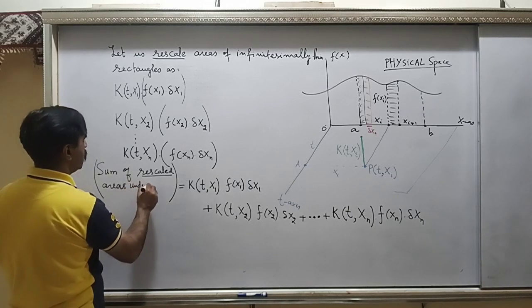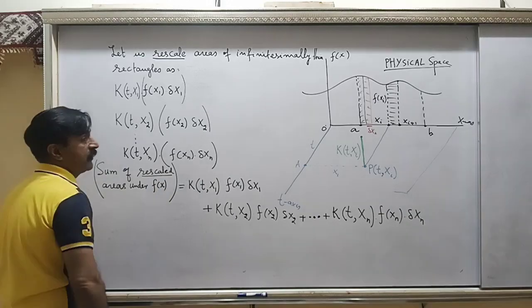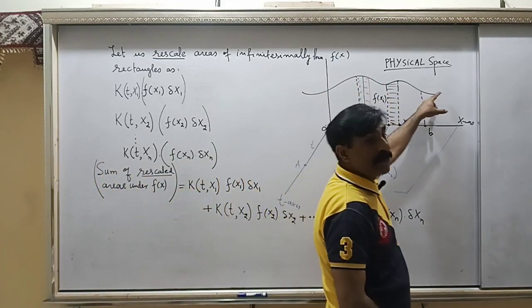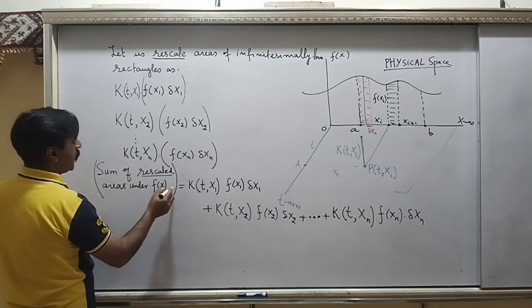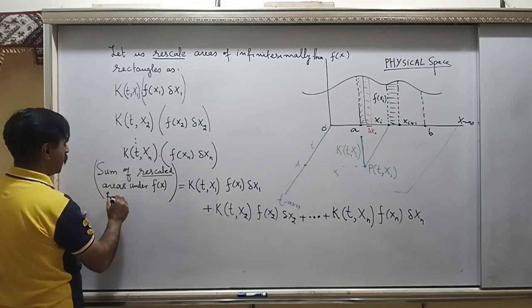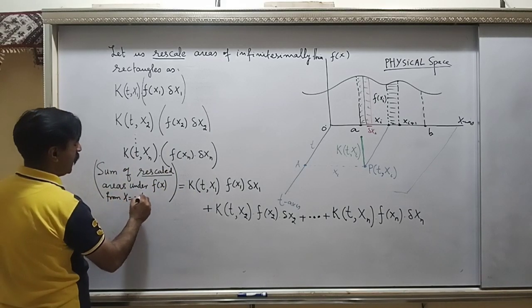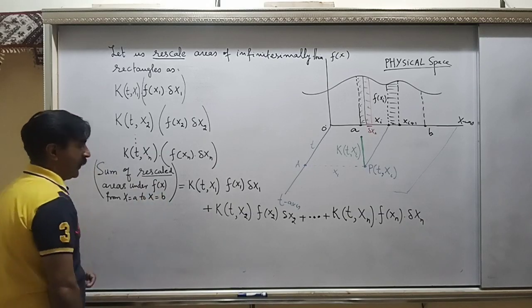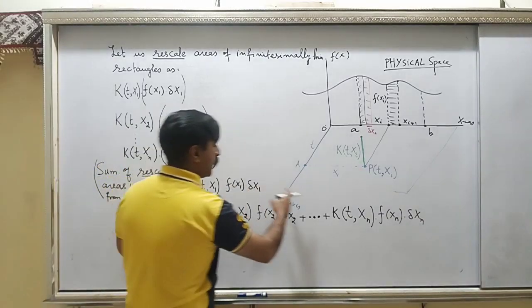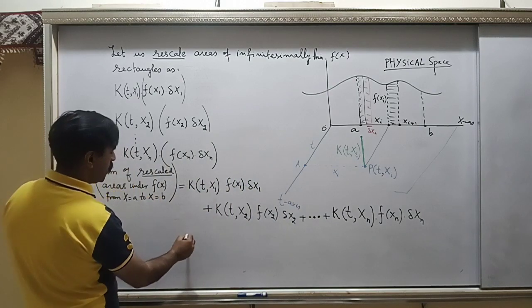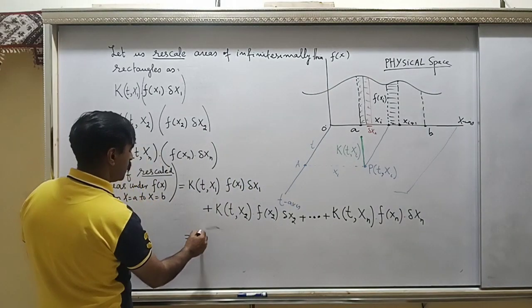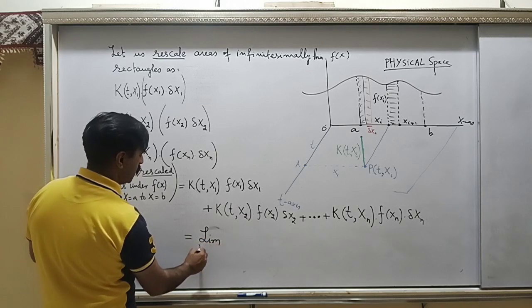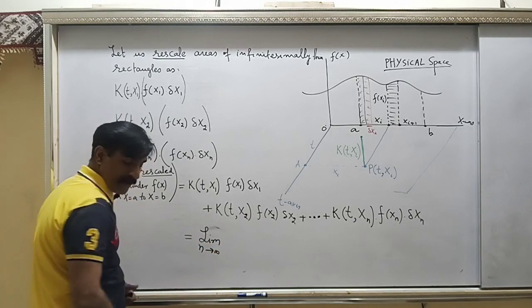under fx, the curve fx, and these are rescaled areas under fx from x equal to a to x equal to b. Now look, this sum can be written in the form of a summation with limit n approaching infinity.